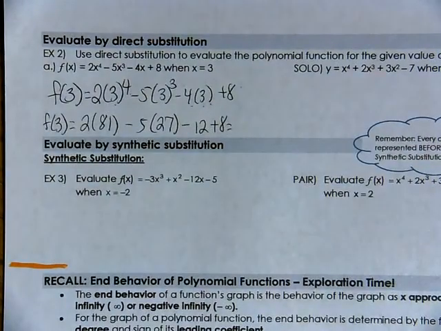And I'm going to put that into my calculator because I think it's a lot easier to do that. So when I put 2 times 81 minus 5 times 27 minus 12 plus 8 into my calculator, I'm going to end up with 23 as my answer.